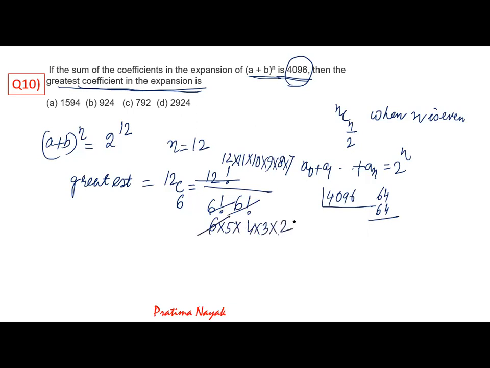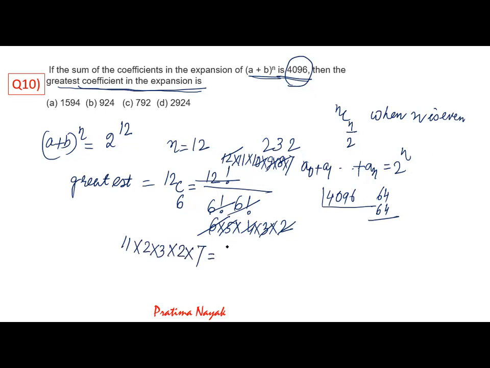So 6 and 2, I'm making 12. Then 5, I'm making 2, 3, 3, 4, 2. So 11 multiplies 2, multiplies 3, multiplies 2, multiplies 7.